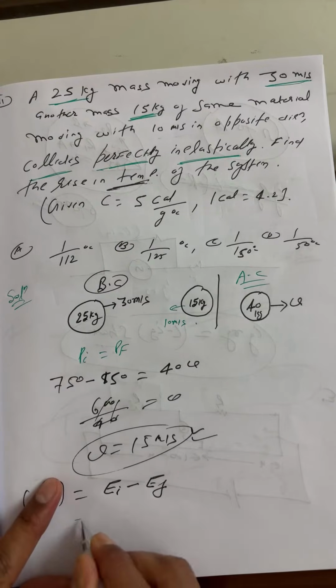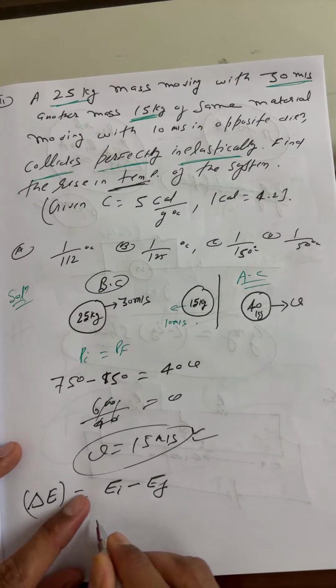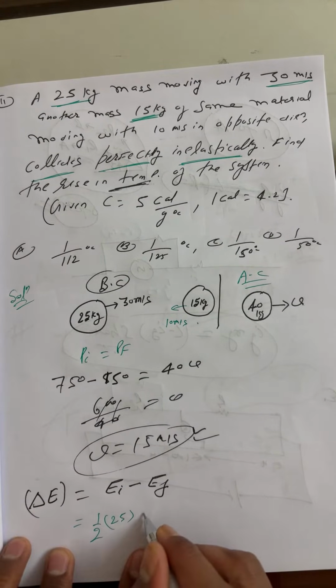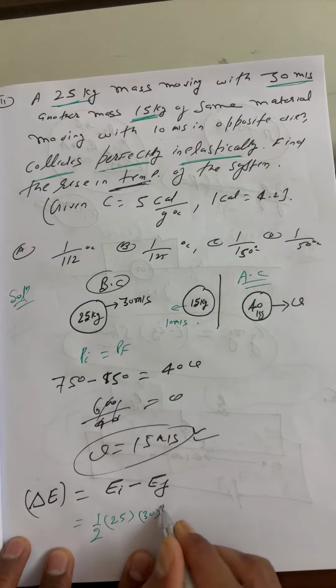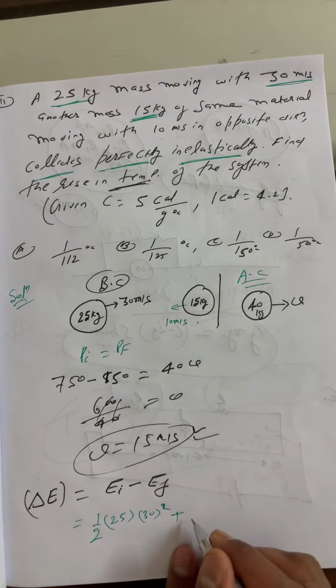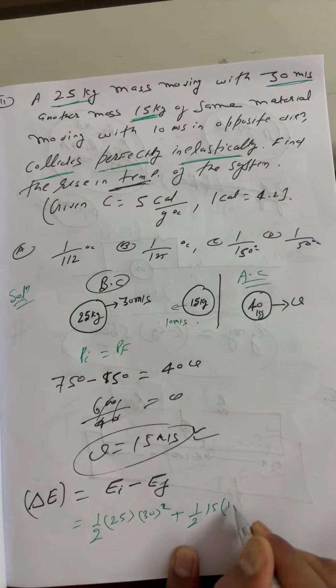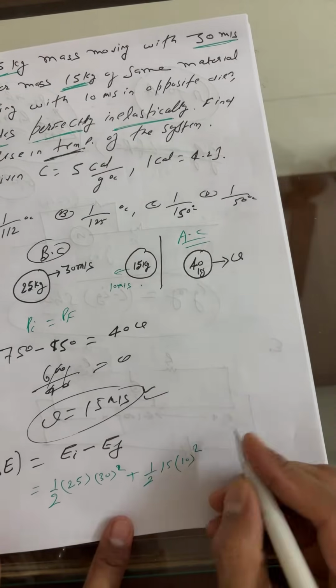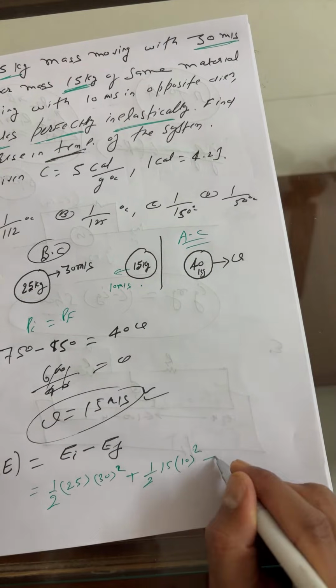Now, what is the initial energy here? Half into 25 into 30 whole square, plus, in the negative direction of body, 1 by 2 into 15 into 10 whole square. Energy initial minus final energy.